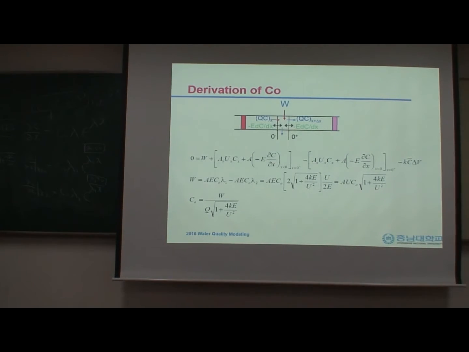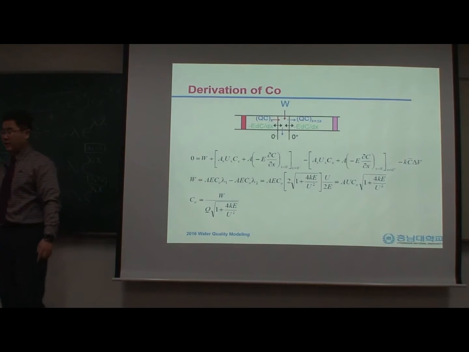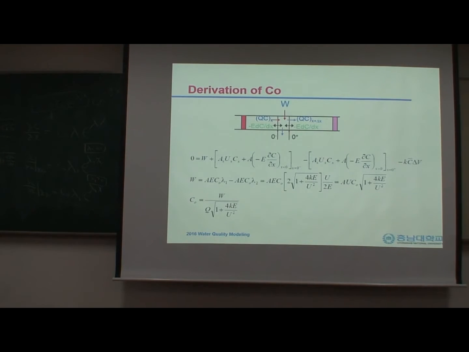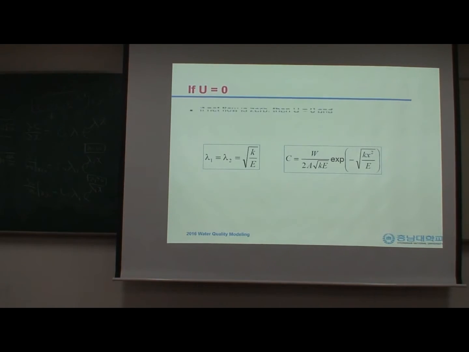So what you have to do by Wednesday, in addition to picking a number and downloading the number of digits, is submit how to derive C0 from that equation. Okay, the rest of the part are easy, and if I have velocity u equal 0, then this is 0, then that is 0, which is very simple.